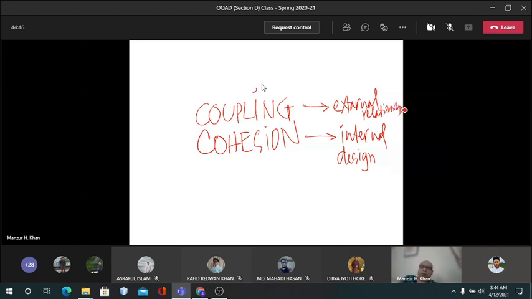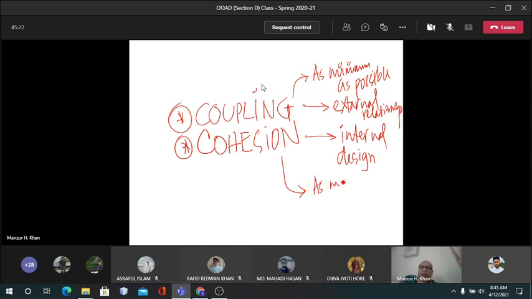Okay. So coupling and cohesion, these are two properties of system design. And as a system designer, it is your responsibility to focus on them correctly according to the guideline. The good system design guideline is coupling should be as minimum as possible. Cohesion should be as maximum as possible.